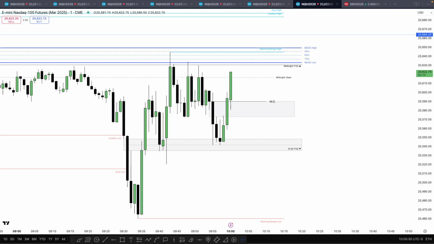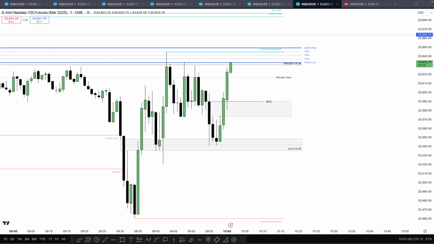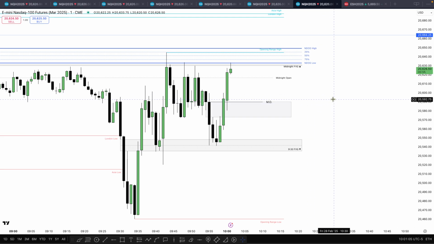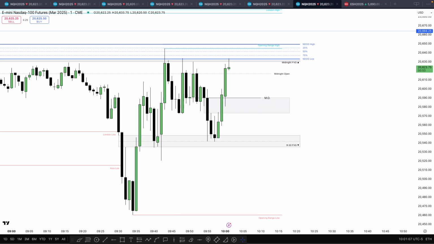$700 on this. Okay, and I'm going to get out there at the new day opening gap. All right, so those are the best trades.